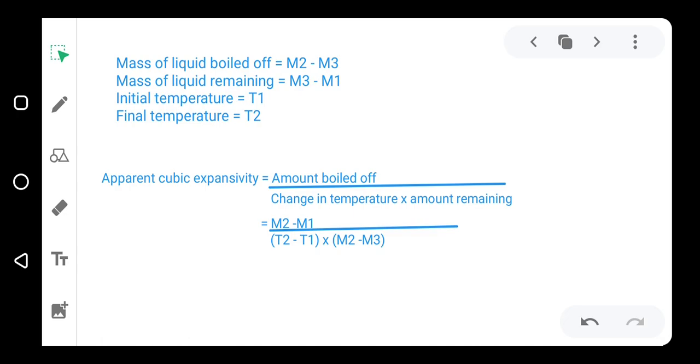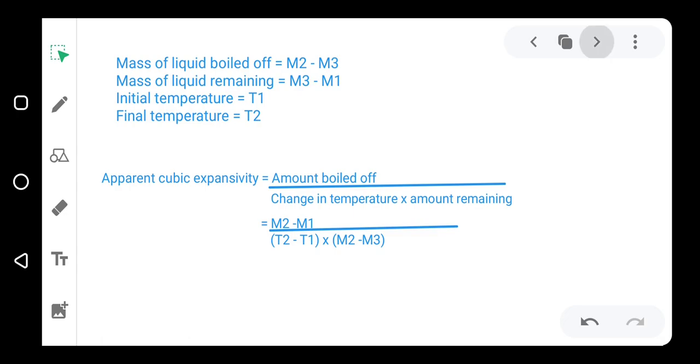When you subtract the mass after boiling from the mass when filled, you get the mass of the liquid that escaped or was lost. Then the mass of the liquid that is remaining is M3, the mass after heating, minus the mass of the bottle. That will give you the mass that is remaining inside the bottle. And then you take your temperature change, T1 and T2, you divide, and then you get your apparent cubic expansivity.